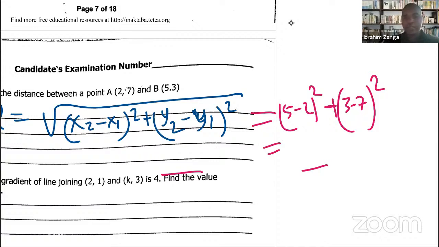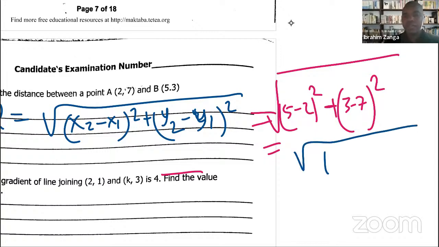And this is going to be, now that we have under root, of course, 3 square plus 4 square. So it is square root of 16 for the second case plus 3 square here, it is 9.